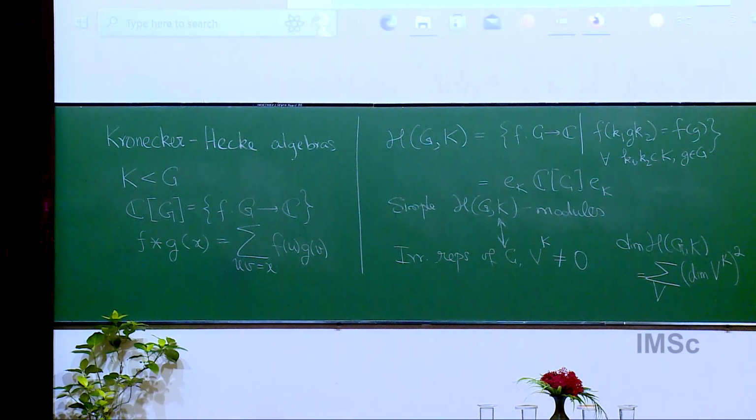Okay, so there may be other ways of computing the left hand side, and the right hand side is representation theoretic. In many cases, the left hand side is of a combinatorial nature, as we shall see in a moment.